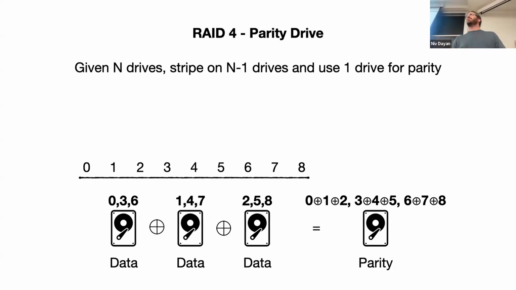That's an easy case to handle. I can just rewrite 0, 1, and 2 on each of these drives. Because I have all the new data at the same time, I can also generate the new parity at the same time and just write that on the parity drive. So sequential writes are easy. But suppose that I have random writes. Suppose the user is just trying to update, let's say, address number 4.